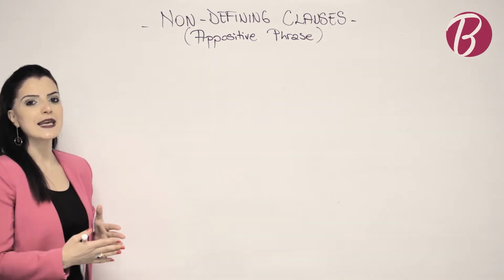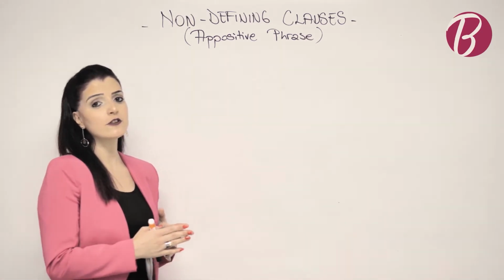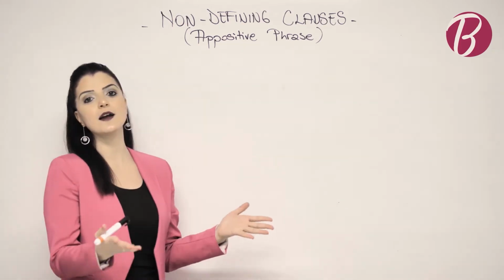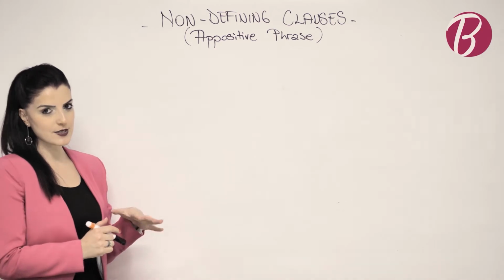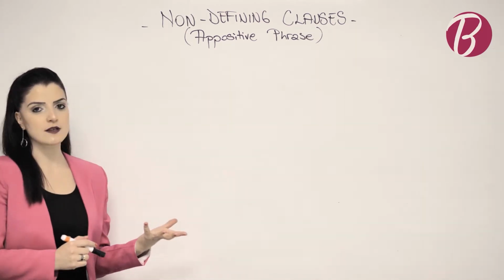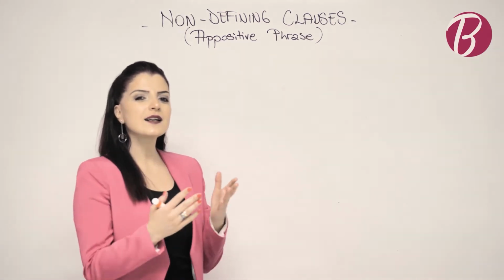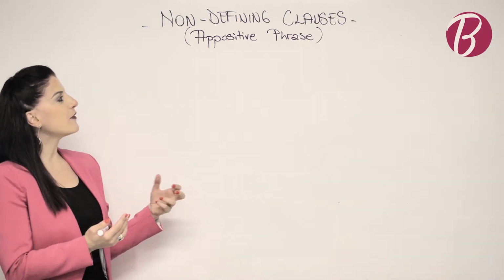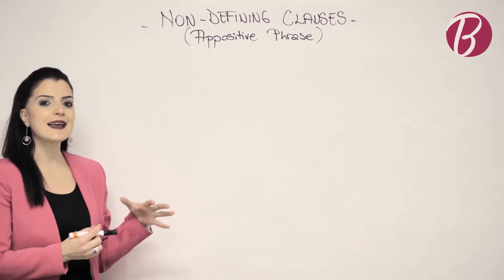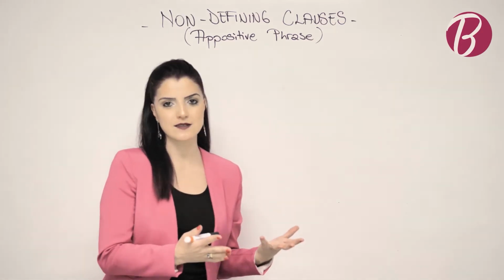In order to describe some people or some items or some objects, we don't prefer non-defining clauses. Non-defining clauses are a kind of sentences that give extra information and they enrich our sentences.